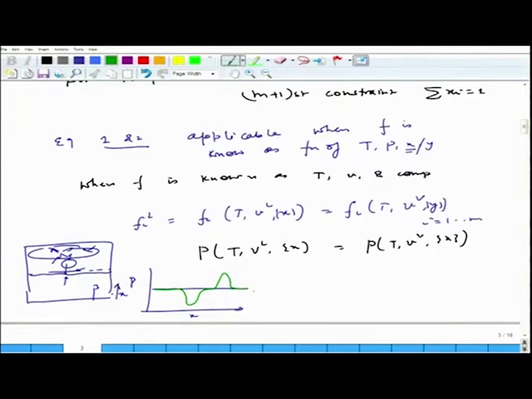This is the interfacial region, and because of these changes in the normal and tangential pressure, the surface tension arises. But in the bulk region, the normal pressure and tangential pressure are the same. Under these conditions this holds, and this pressure will be equal.